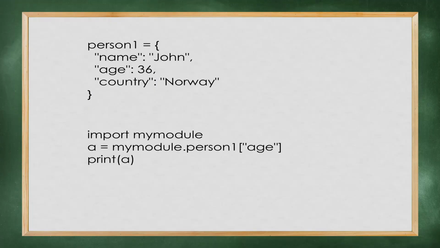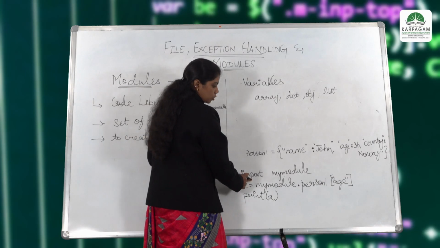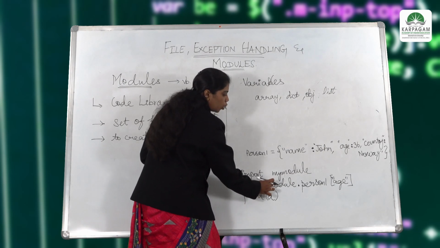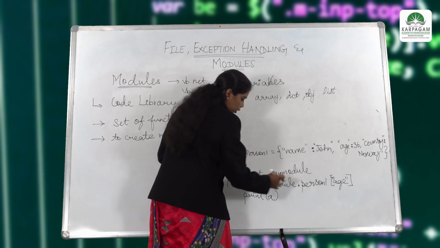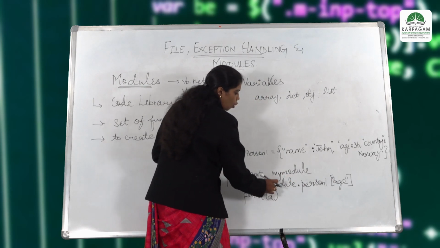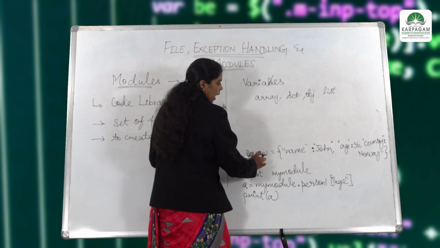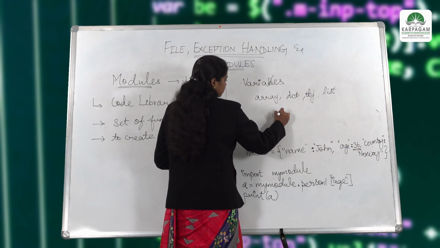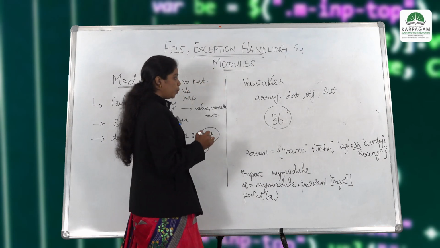For that, I have created person1 as my dictionary. The name is John, age is 36, country is Norway. For this, I am using my module. First I include import mymodule, and variable a is equal to mymodule.person1["age"]. If we print a, mymodule calls person1 and it will print the output as 36.